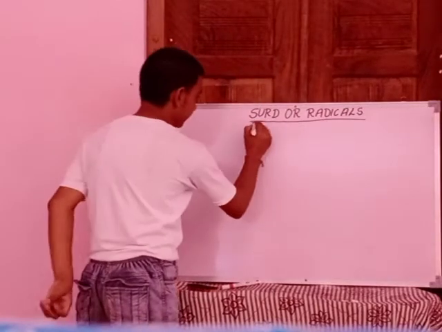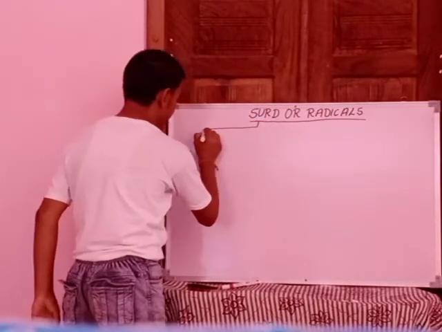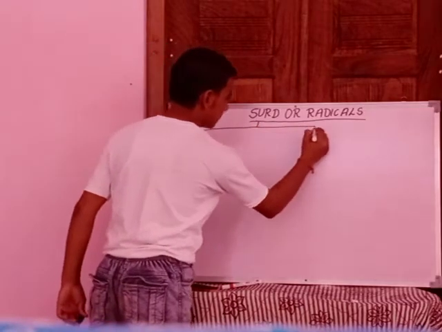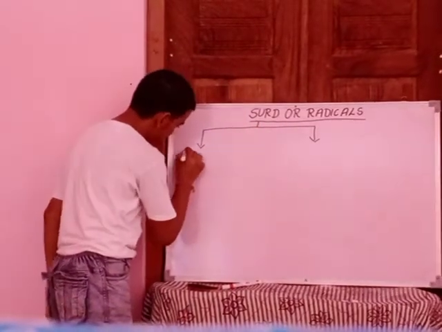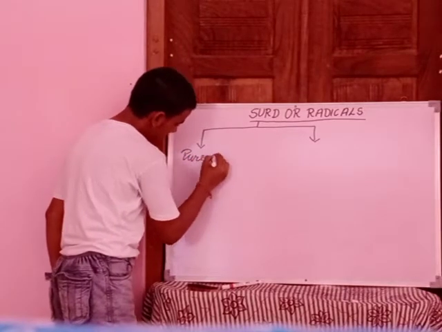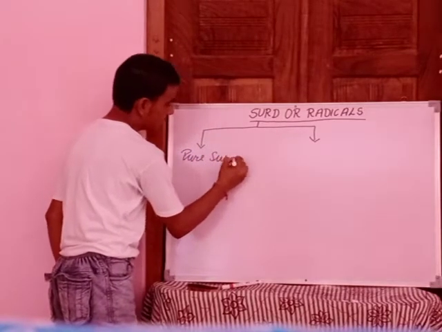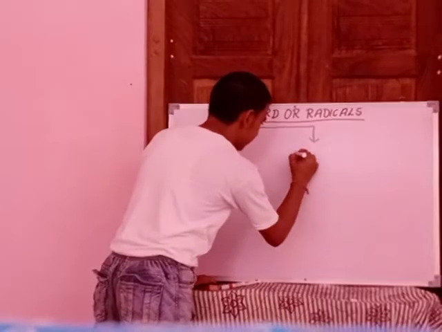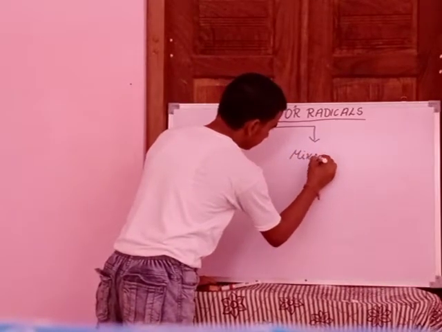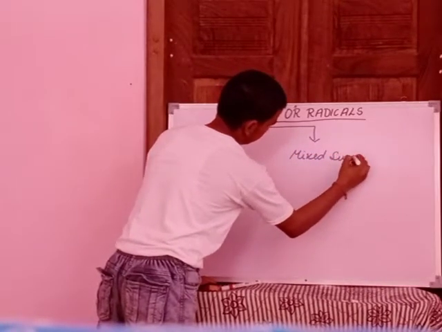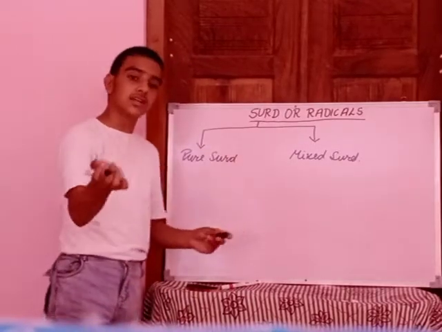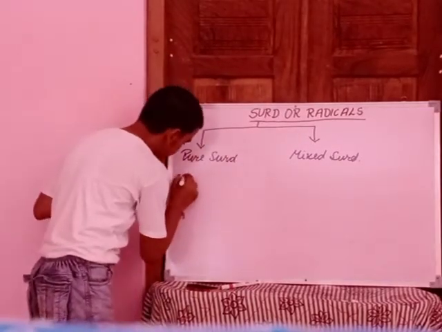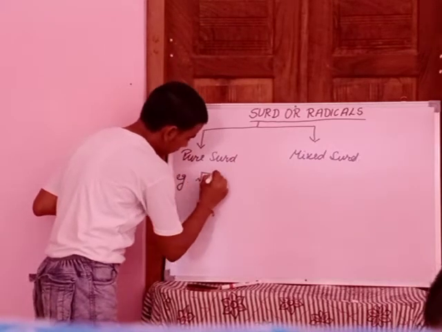Guys, surds are of two types. First is pure surd and second is mixed surd. A pure surd is a type of surd which does not have a factor other than 1, like this.